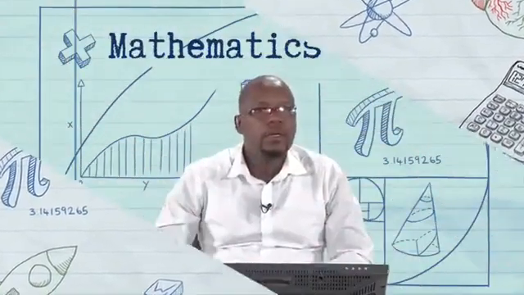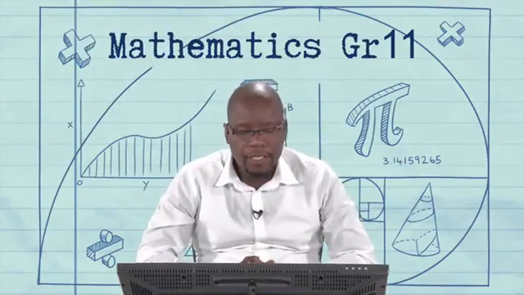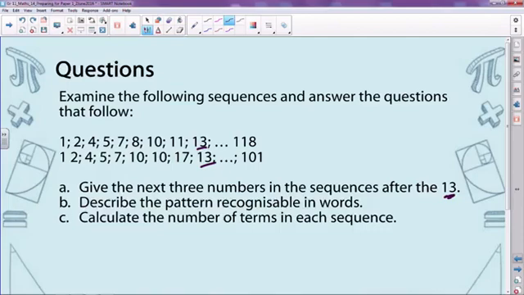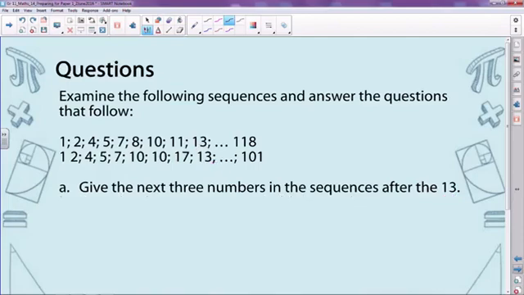All right, guys, let's just check if we're on the right track. It looks a bit confusing, because we are used to 1, 2, 3, 4, 5, 6, or 1, 3, 5, 7, 9, and so forth.